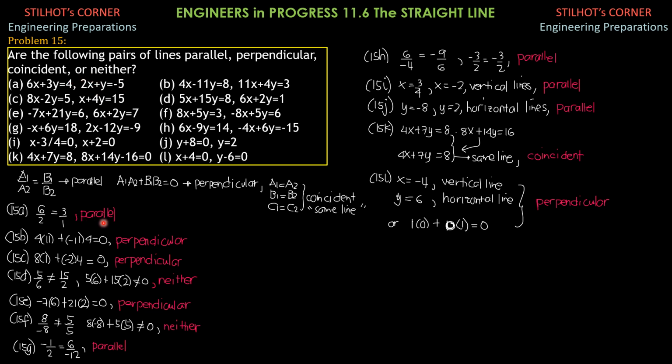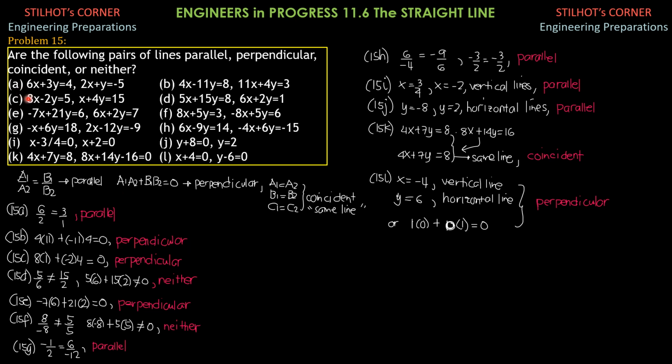For 15B, 4 over 11 and negative 11 over 4 are not equal. Because they interchange coefficients, 4 times 11 plus negative 11 times 4 equals 0. Therefore, they are perpendicular.